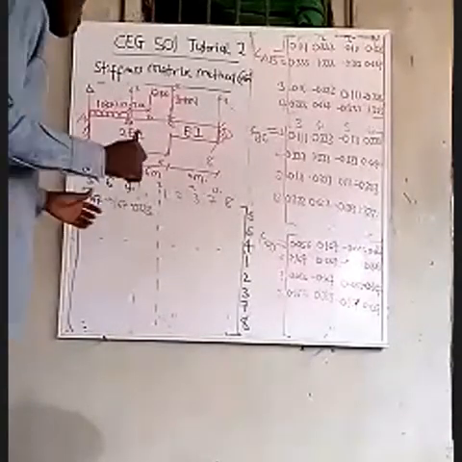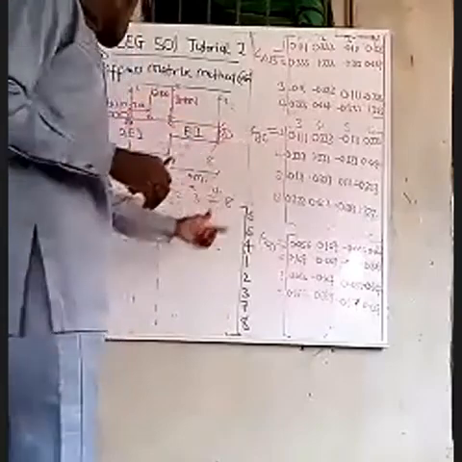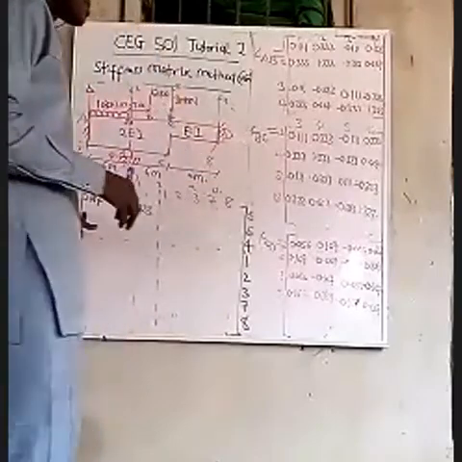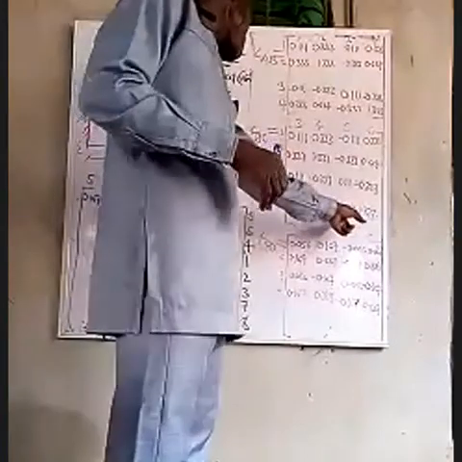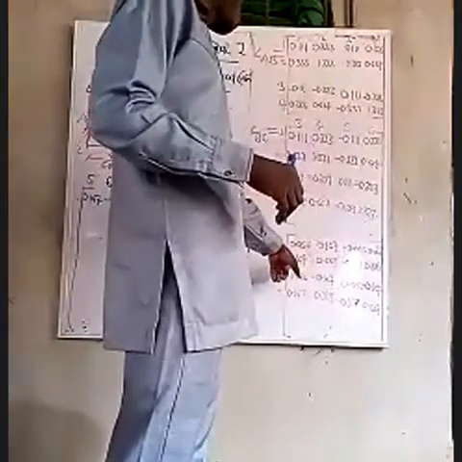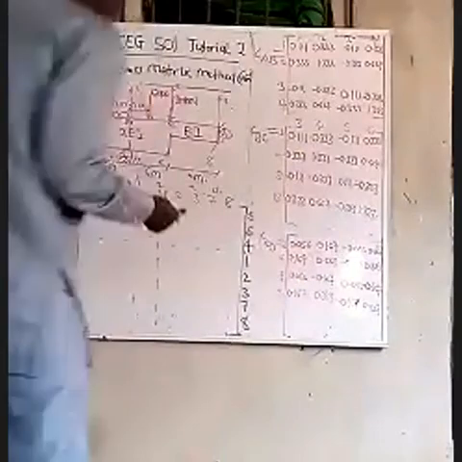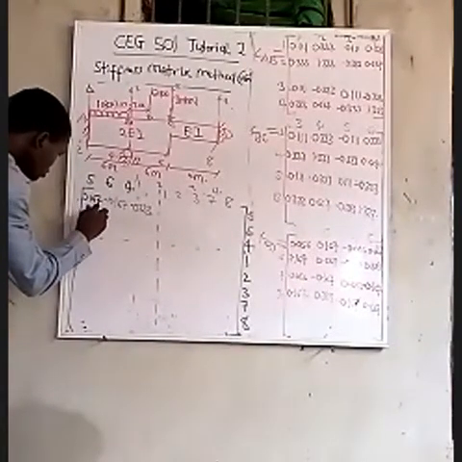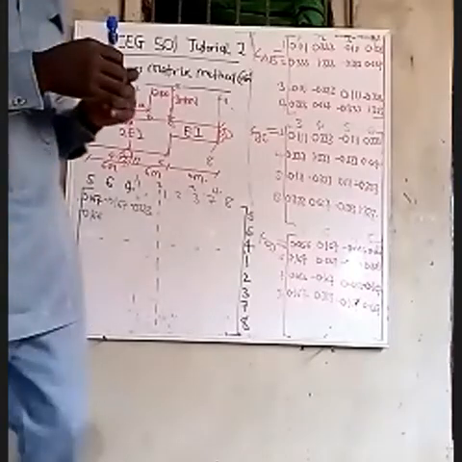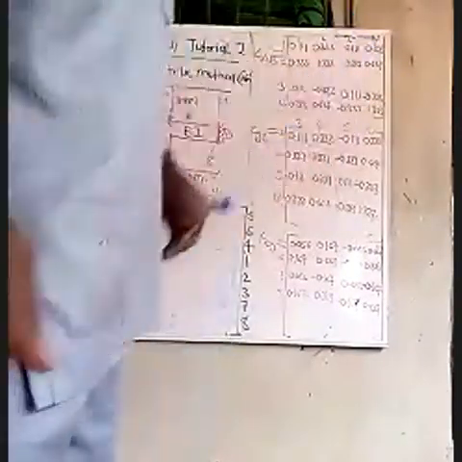That's correct. So the next thing is 5-6. Minus 0.333, minus 0.166, plus 0.167, so that's minus 0.166.